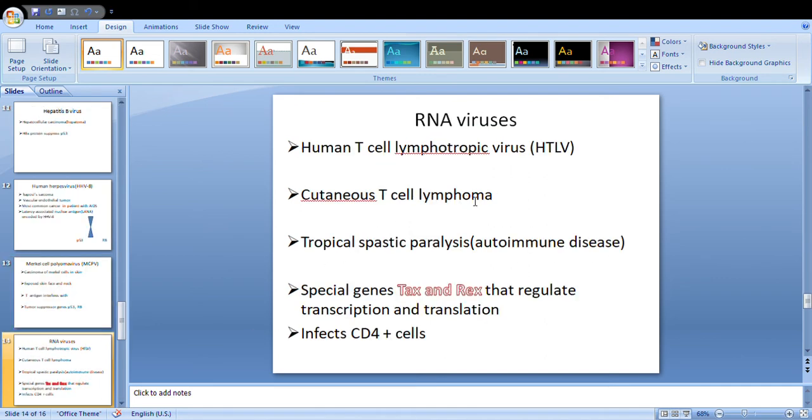Let us describe the RNA viruses which are oncogenic. This one is the human T cell lymphotropic virus, HTLV.